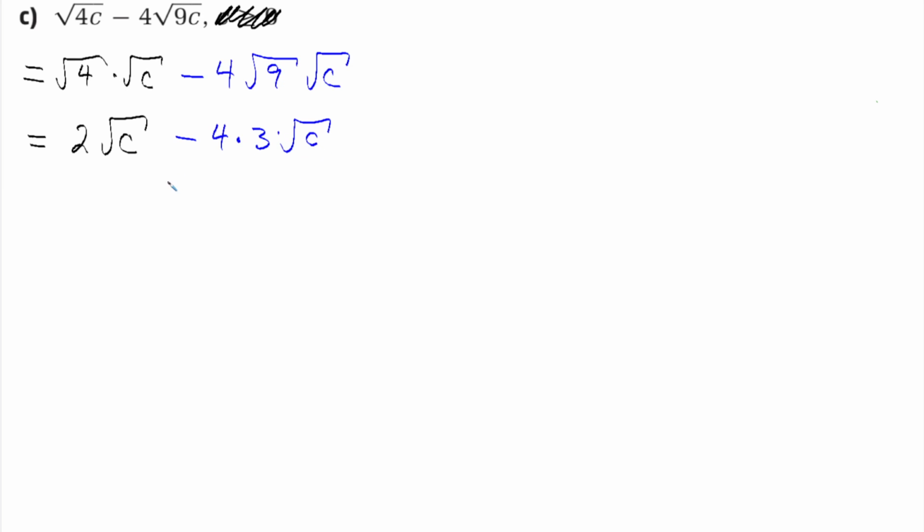Okay, so I can simplify that just a tiny bit more. And I end up with 2 root c minus 12 root c, because 4 3s are 12, and 2 root c minus 12 root c is minus 10 root c. And that is it. That one is done.